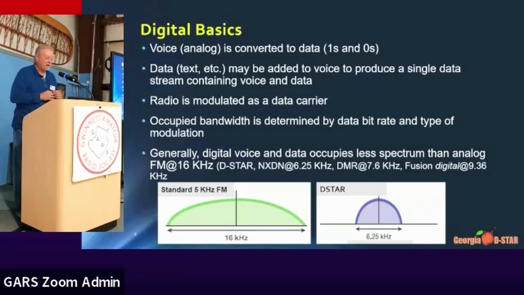Now you go up just a little bit more is DMR, and it's at 7.6. And then Fusion is the widest of all at 9.36 kilohertz. And these are all published numbers. But in all cases, they're a lot less than your standard FM at 10 to 15 kilohertz. So digital voice especially tends to be a lot more efficient than your standard FM.